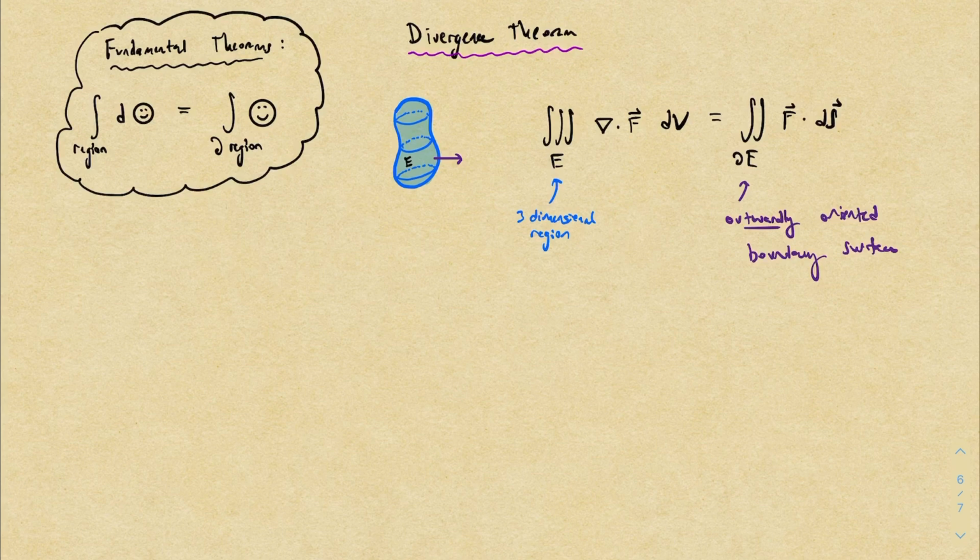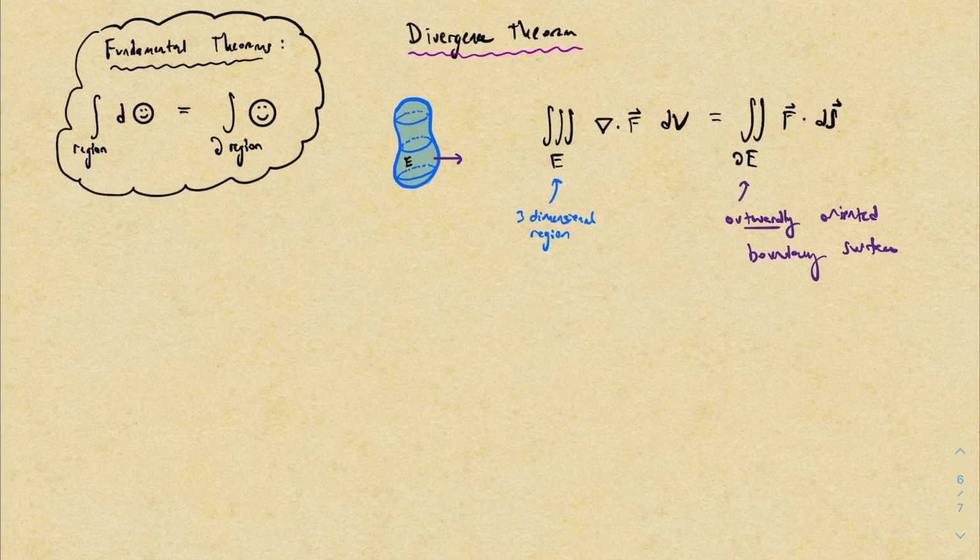The convention is that the orientation is outward. And there we go, that's the divergence theorem. I'll say it again: the triple integral of the divergence of F is the surface integral of F over the boundary surface. Said a little differently, the triple integral of the divergence is the flux through the boundary surface. That's what we're computing on the right-hand side.